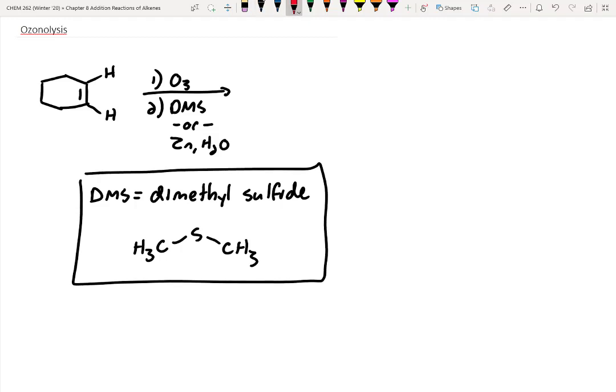All right, in this reaction, what we essentially do is we cut this double bond and we insert oxygen atoms. So let's take a look at what that looks like, and I'm going to draw this kind of exaggerated.